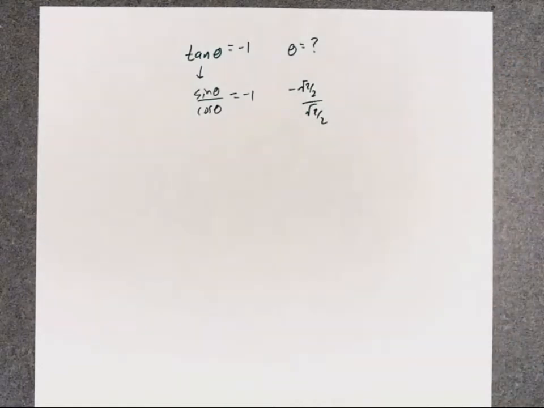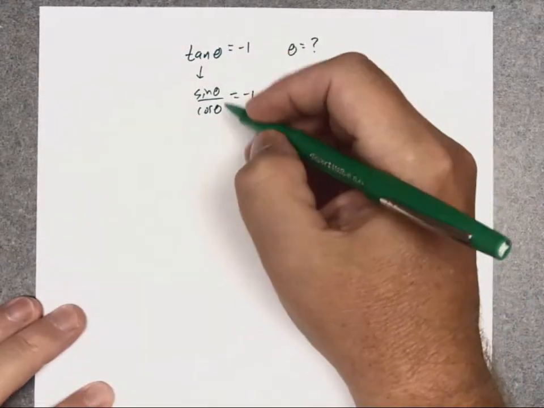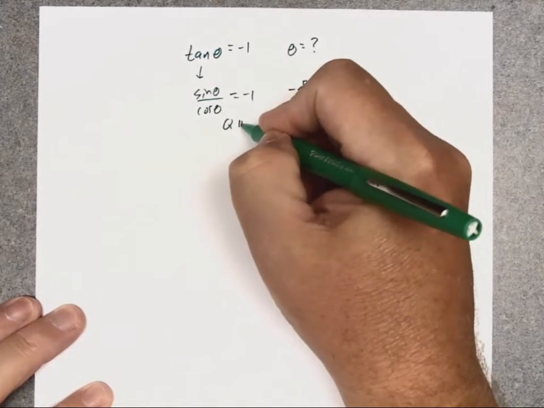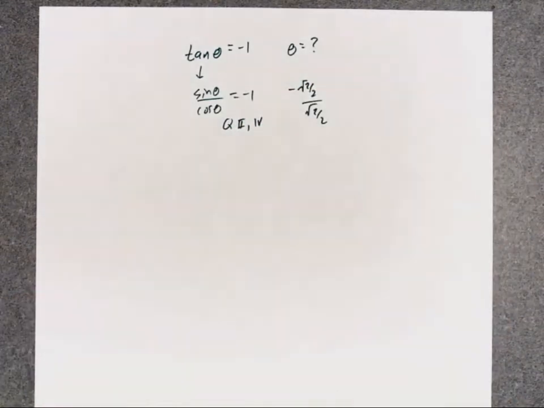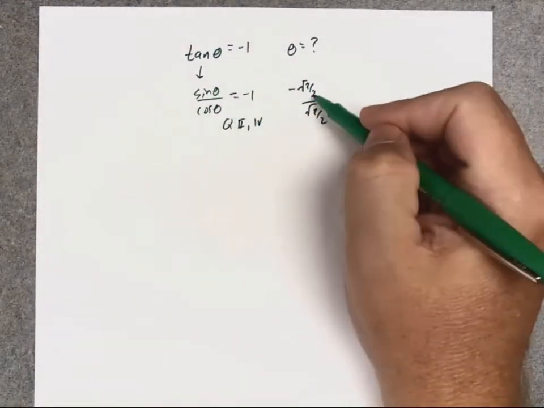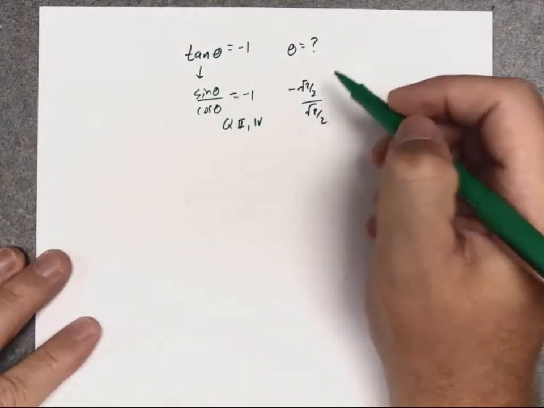So let's first of all think which quadrants we're going to be in. In which quadrants is the tangent negative? Or another way of thinking it, in which quadrants are the sine and cosine not the same sign? And I believe that happens in quadrants 2 and 4. So now let's go to quadrant 2 and see where the sine and the cosine have the same magnitude.